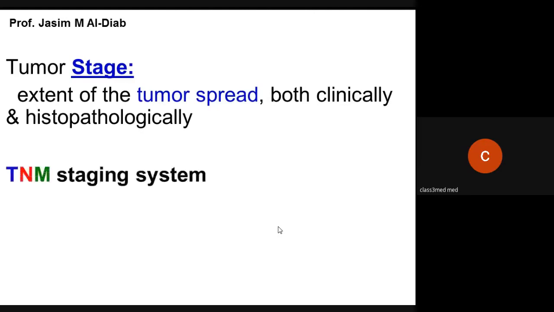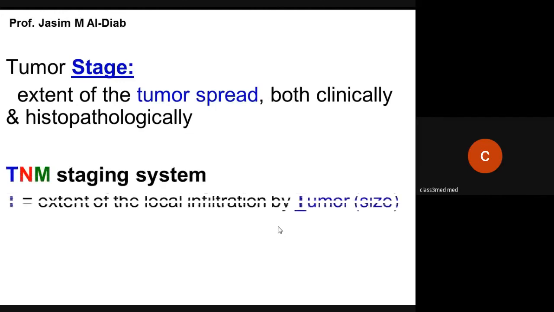Generally, the WHO uses the TNM staging system, three letters. The letter T refers to the extent of the local infiltration by the tumor. Okay, to which extent the tumor is infiltrating the surrounding tissue.